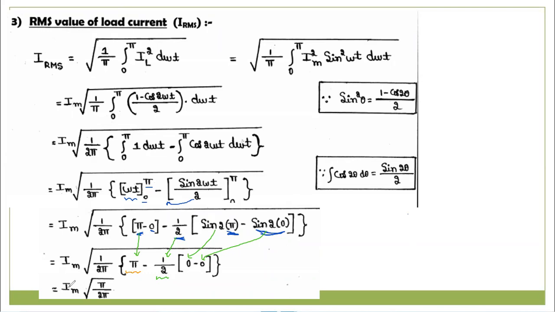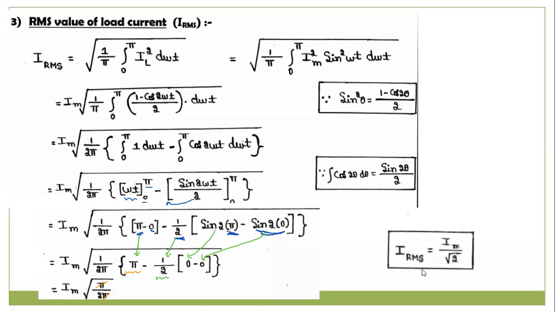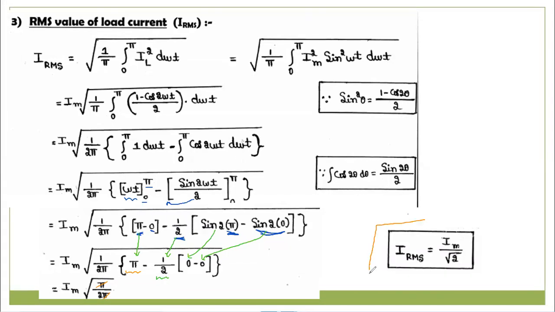Now what happens? You'll get a formula like square root of Im square by pi times pi. Now pi and pi will get cancelled. So if pi and pi get cancelled, we have the final expression: IRMS is Im by square root of 2.